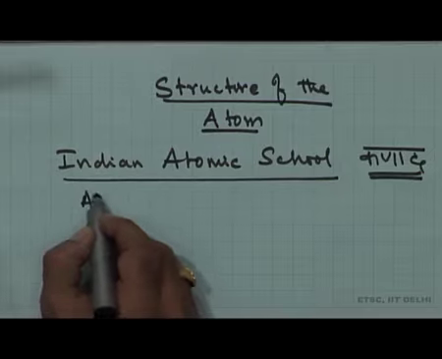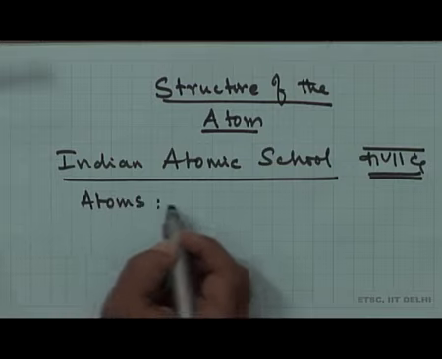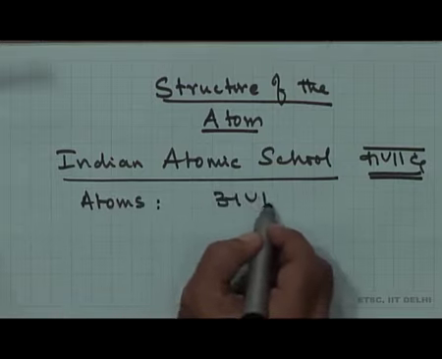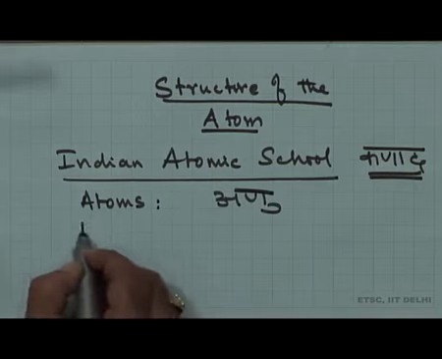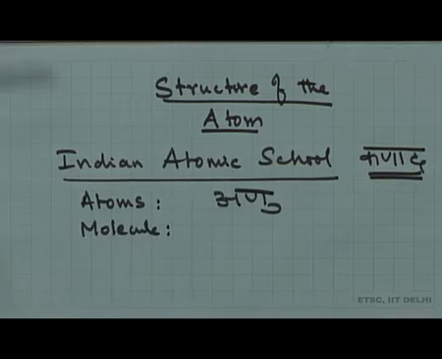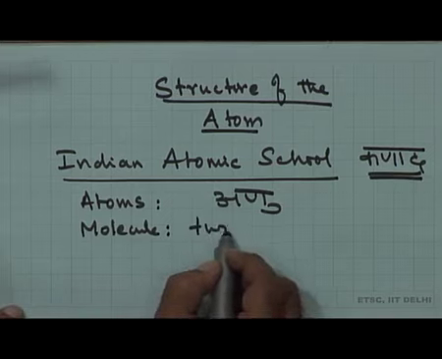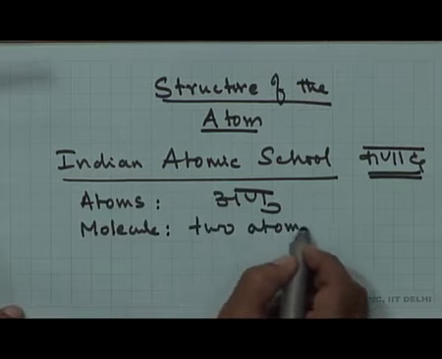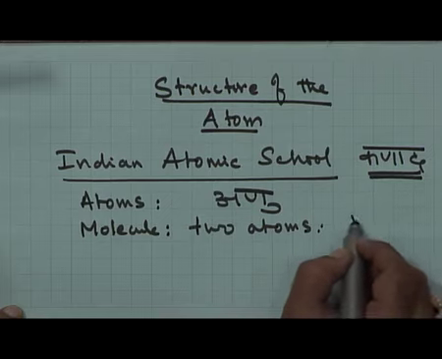It is not Canada or some such thing, it is Kannada. So, you have atoms which were called anus, and you had a molecule which is obtained from two atoms, and they were called Dvyanus.